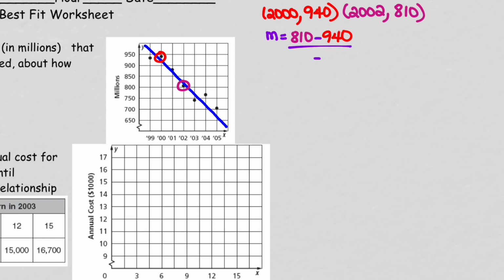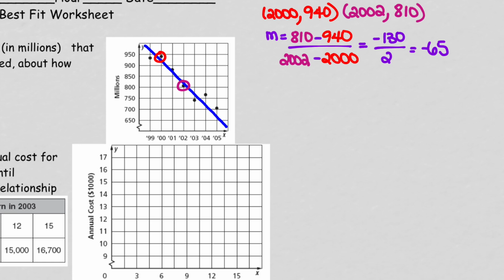Or you can use the actual years either way. So we'd have the x values 2002 minus 2000. So that's negative 130 divided by 2, or negative 65 for our slope.